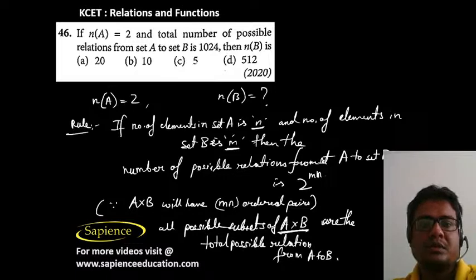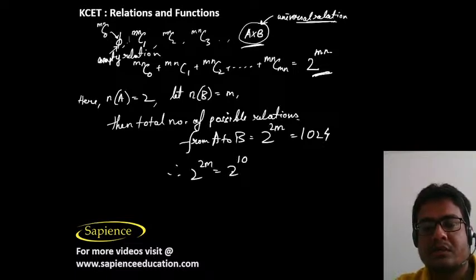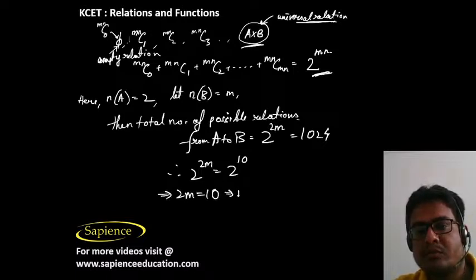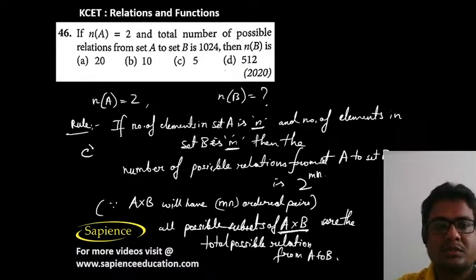Now 1024 is 2 raised to the power 10, so 2m is equal to 10. So m should be equal to 5. It means that B should have 5 elements. So option C is the correct answer.